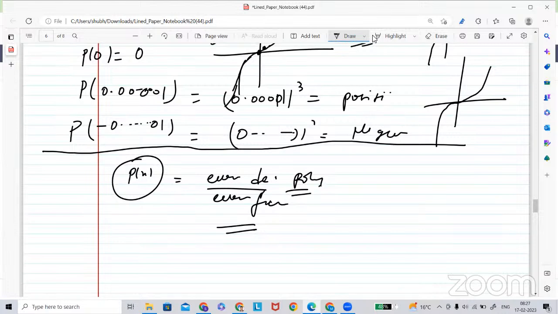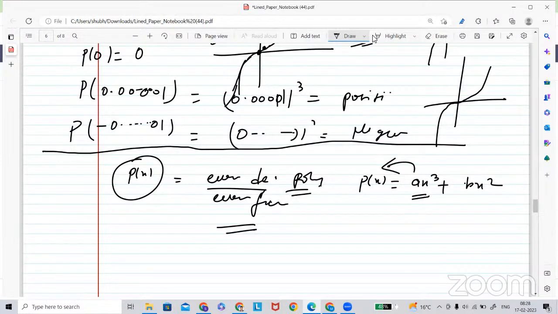No. The definition of even degree polynomial is different. If you have a polynomial with some degree, let's say x cube, the degree of the polynomial is the highest degree: consider the term with the highest degree, and the degree of that term is the degree of the polynomial.